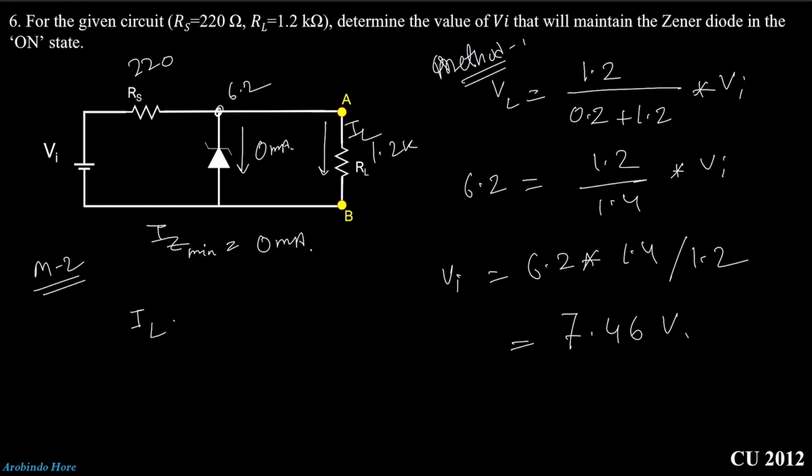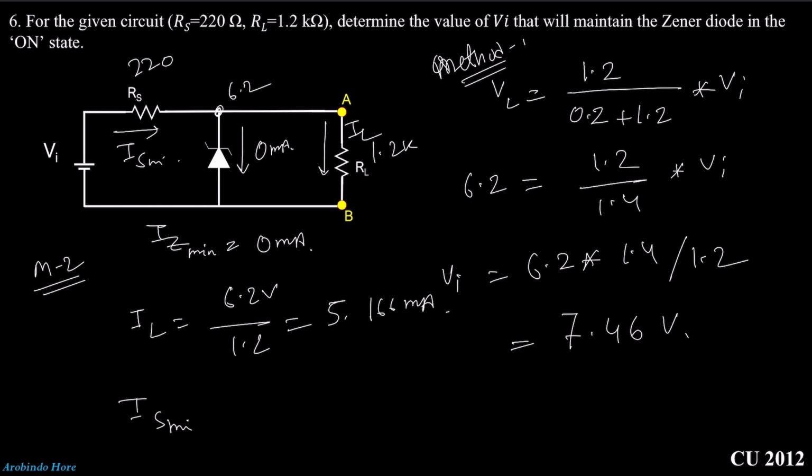IL will be 6.2 volt divided by 1.2k, that means equal to 5.166 milliampere. So Is minima will be 5.166 plus 0, equal to 5.166 milliampere.